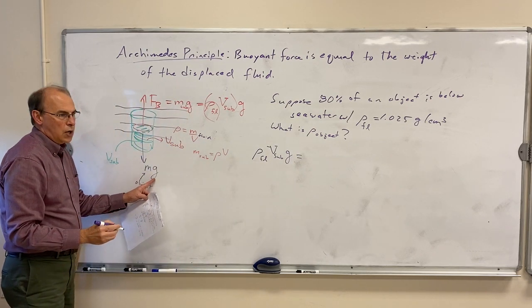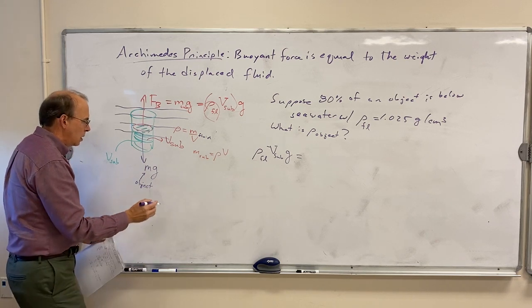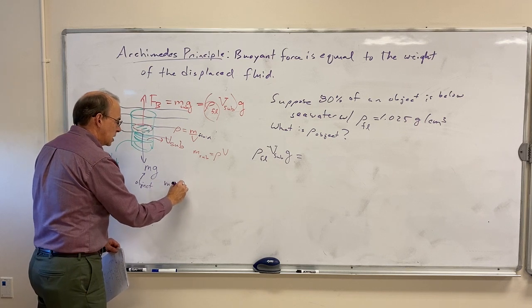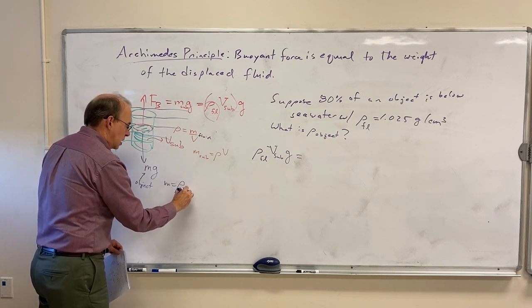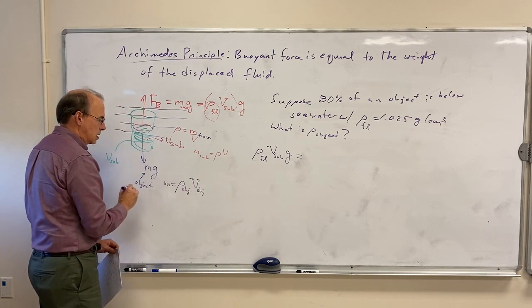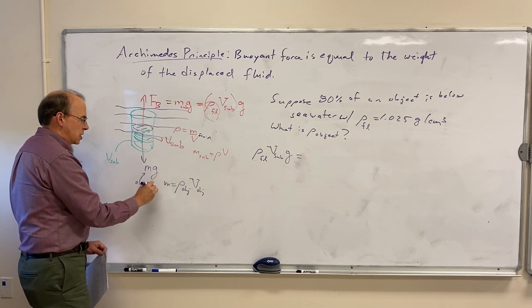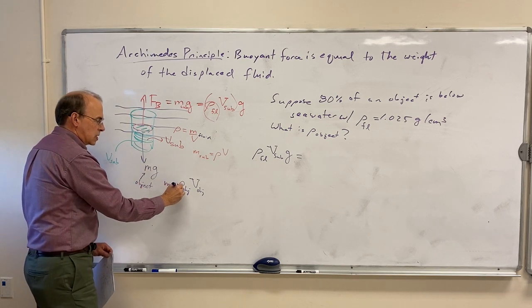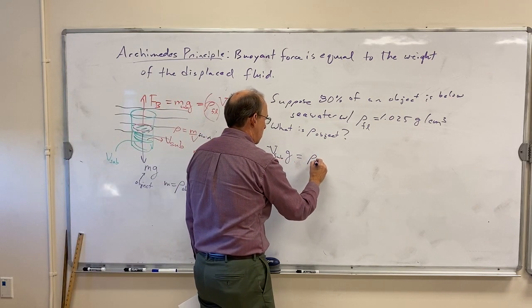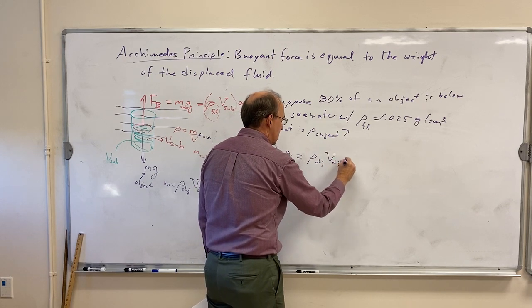The mg of the object, you say, well, I don't know how big the object is. You didn't tell me. I know. But I do know that m of the object is the density of the object times the volume of the object. That's its density, times its volume will give me its mass. So mg will be density times volume times g. So these are equal: rho of the object, volume of the object, times g.